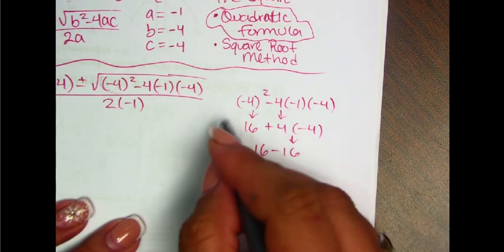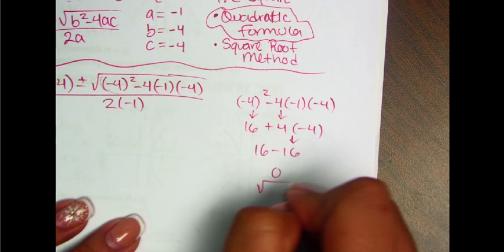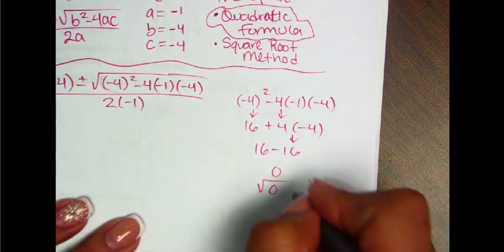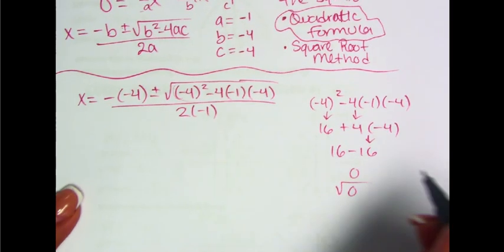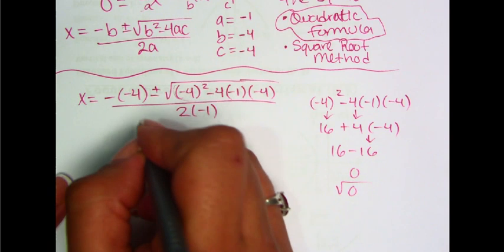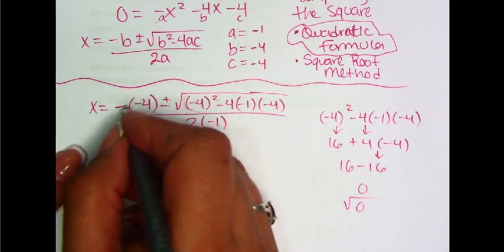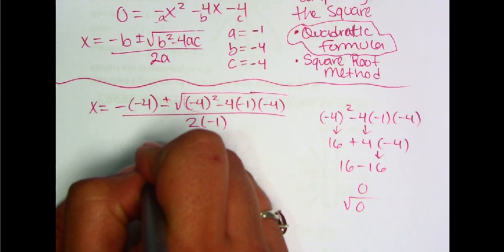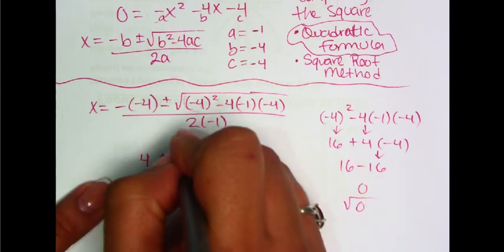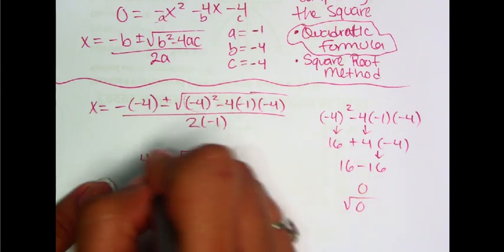That means our discriminant is 0, meaning we have the square root of 0, which really means nothing. Negative times negative is positive, so we have positive 4 plus or minus the square root of 0, and then 2 times negative 1, which is negative 2.